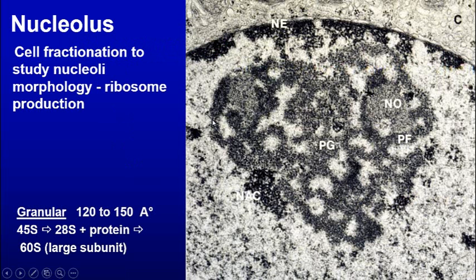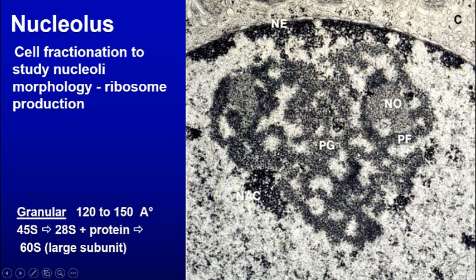If we look at not only the nucleus but the nucleolus, we see that there are granular portions and fibrillar portions. By cell fractionation, you can study the different components of the nucleolus and how it goes about making the ribosomes. Ribosome production is from the nucleolus of the nucleus, and ribosomes then make proteins in the cytosol when they move out.